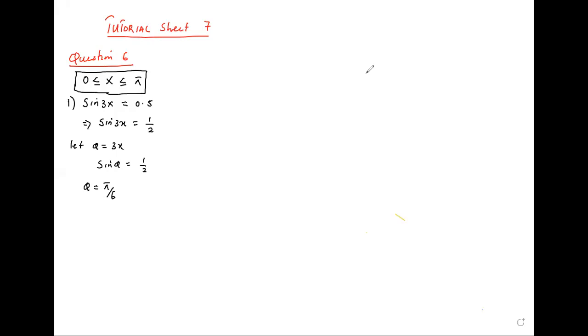If sine theta is equal to half, we know that the theta that gives us half is 30. Now 30 in radians is pi over 6. But remember, theta is 3x, meaning that 3x is pi over 6. So you divide by 3, you divide by 3. So x is equal to pi over 18.